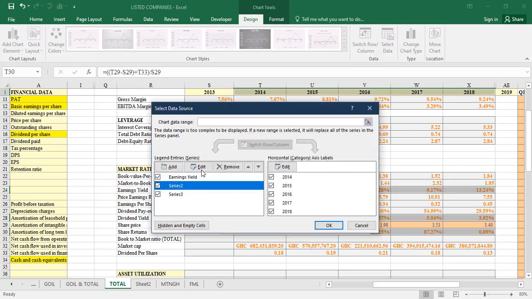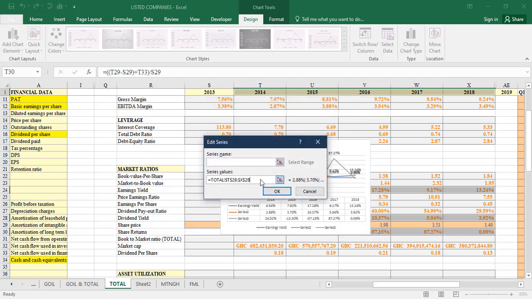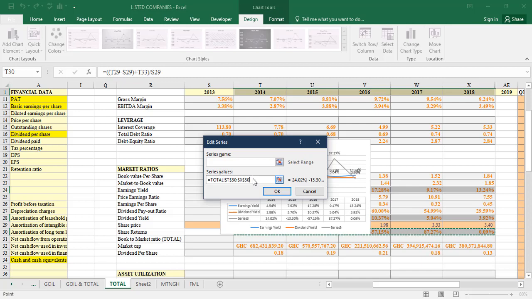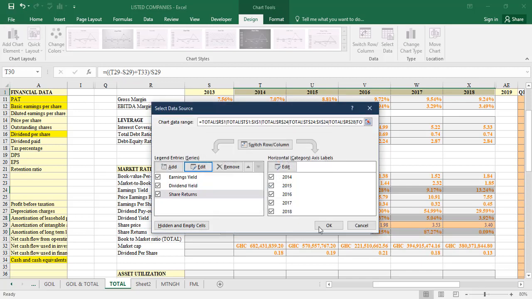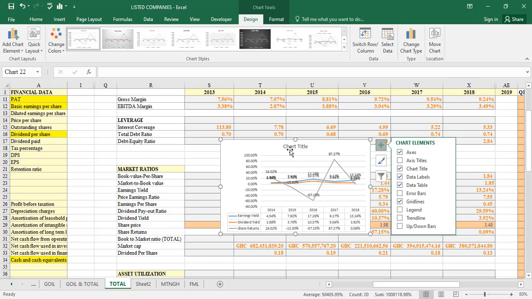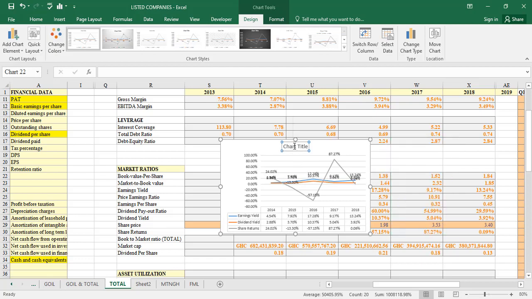Then we have the second one being the dividend yield, and then we have the last one being the share returns. Okay, so there we have it. So we delete this. Okay, and then we clear and rename it as market ratios.